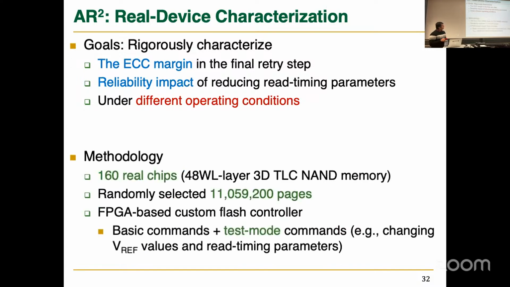The methodology is that we test on 160 real chips and more than 10 million pages. This is done on an FPGA-based custom flash controller, which can test basic commands and also test mode commands like set feature and get feature.